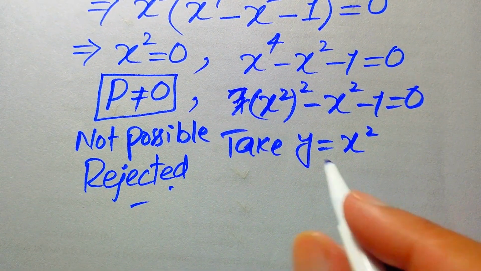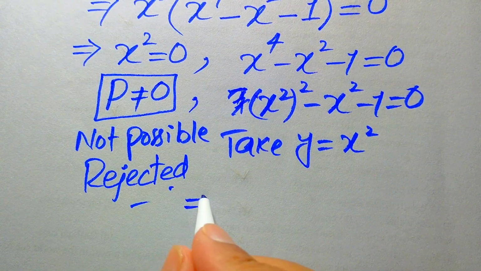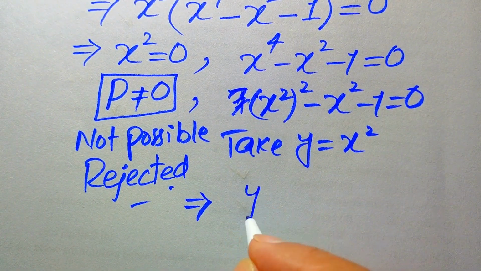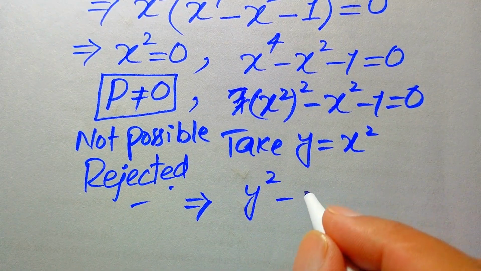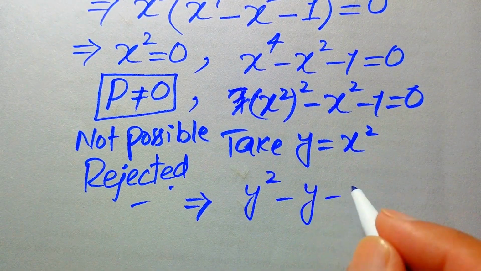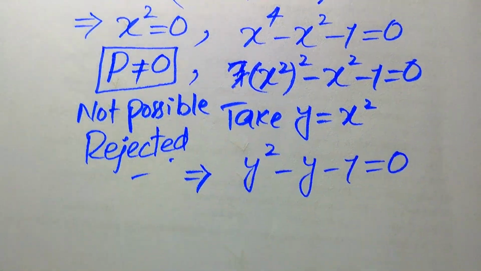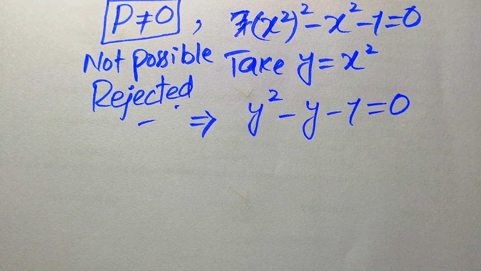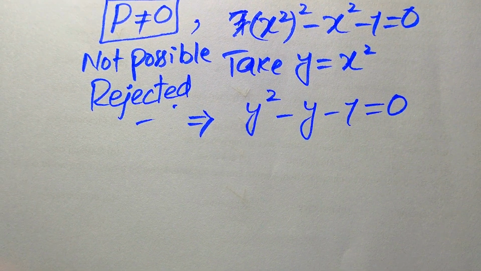When we choose y equals x squared, the above equation becomes y squared minus y minus 1 equals 0. After this substitution, we convert our given equation into a quadratic equation in the variable y.